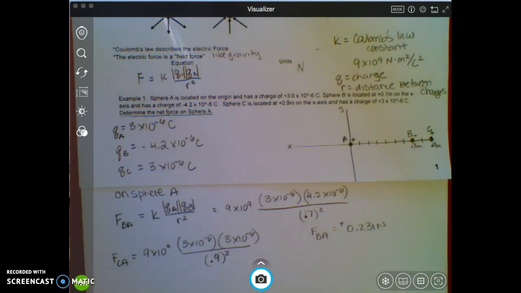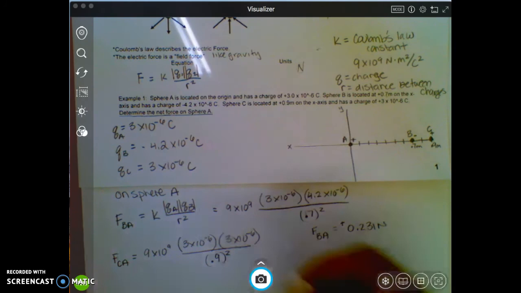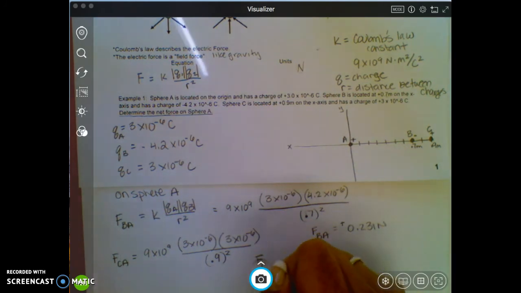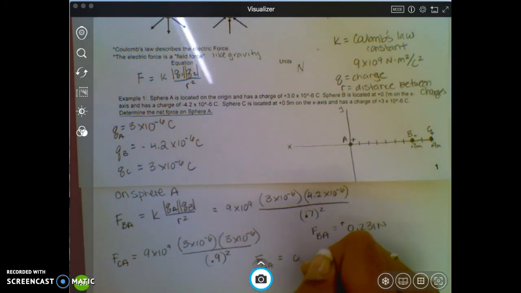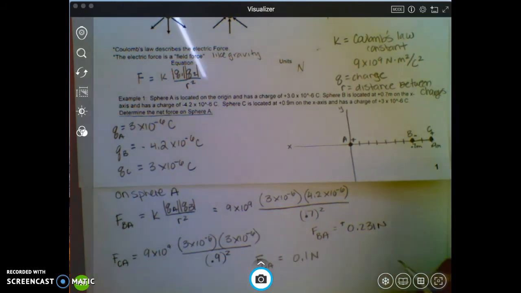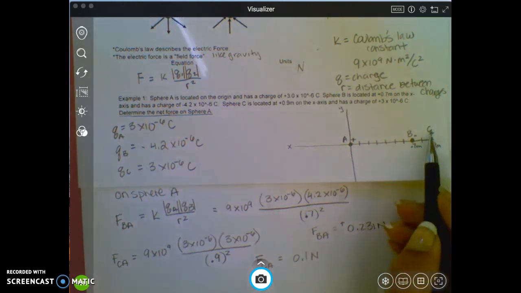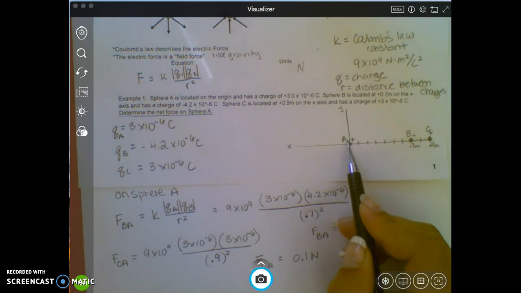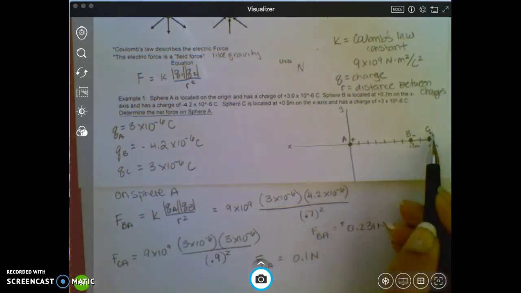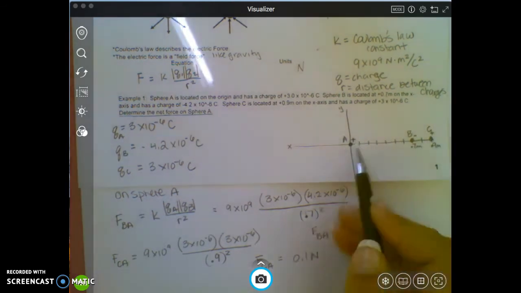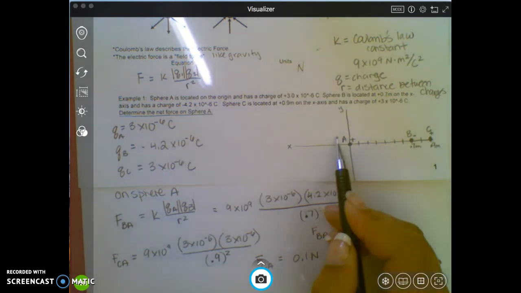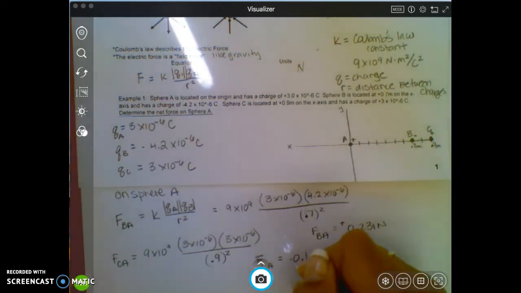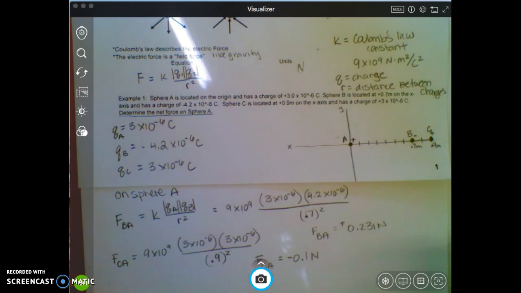I'm going to plug that into my calculator. For the force of C on A, I got 0.1 newtons. Because they're like charges, they're both positive, they're going to repel. That means C is going to be pushing A in the negative direction, so I'm going to make that force negative.